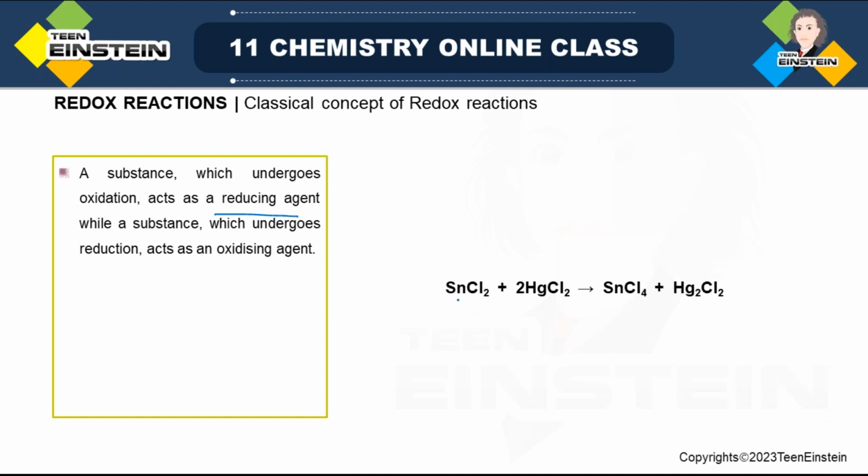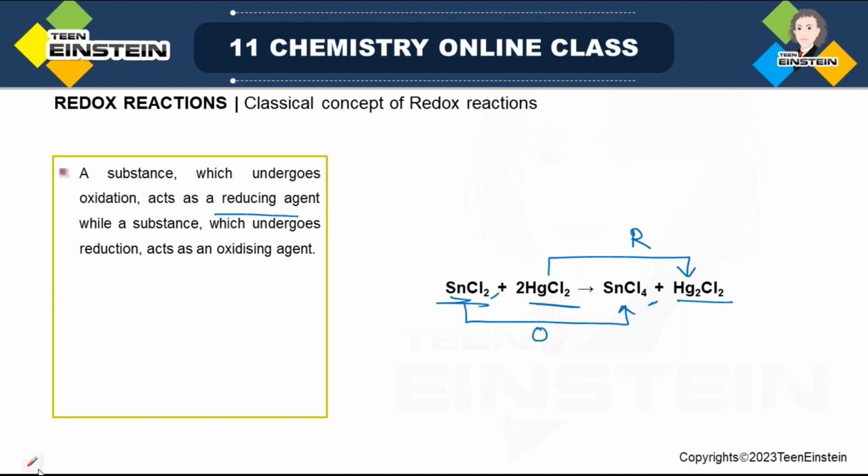So here we have chosen this example which you have already seen. With respect to SnCl2 and SnCl4, if you look at this, the electronegative element chlorine: here only 2 chlorine per Sn, here 4 chlorine. That means addition of an electronegative element, that means it is oxidation.